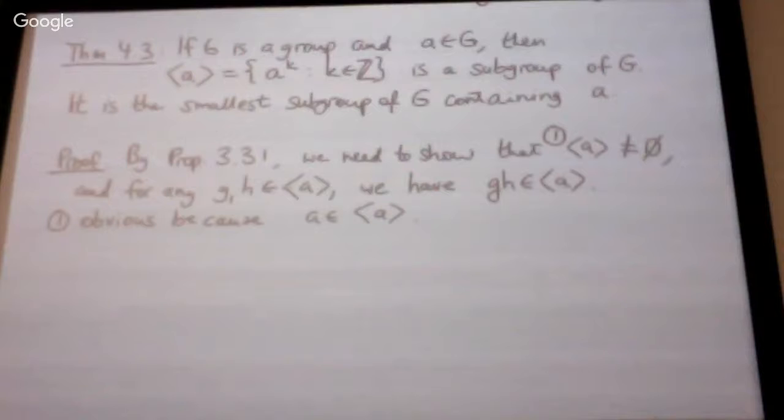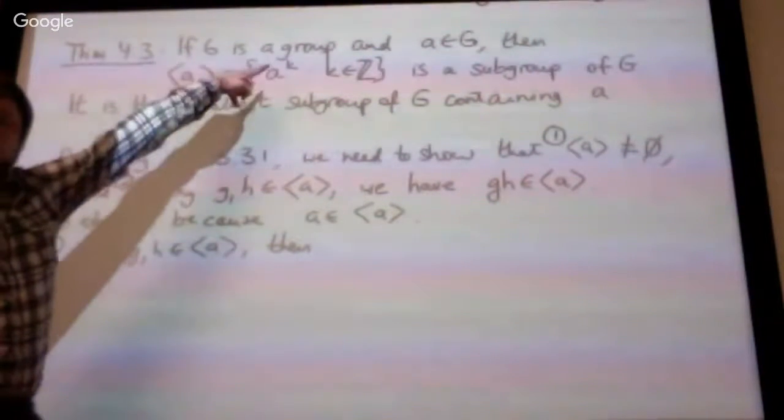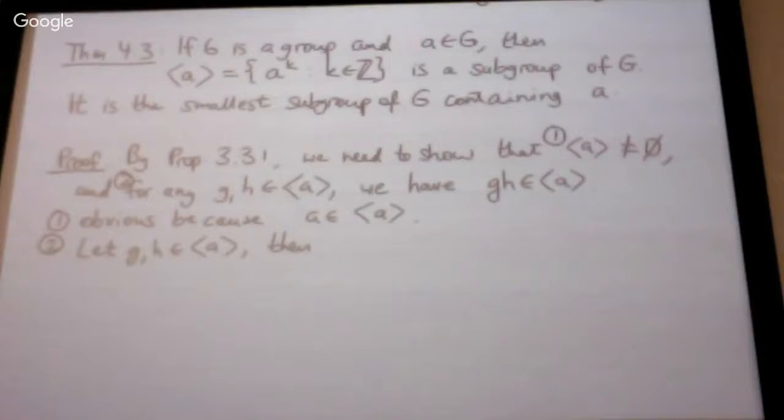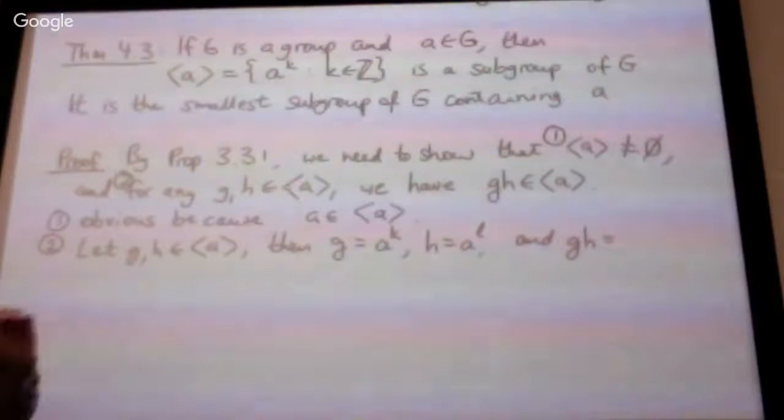The second one: when we have G and H in this generated subset, they are defined as powers of A, so they both must be powers of A. G is some power of A, H is some power of A. This is a simple algebraic proof where everything just follows when you write it.